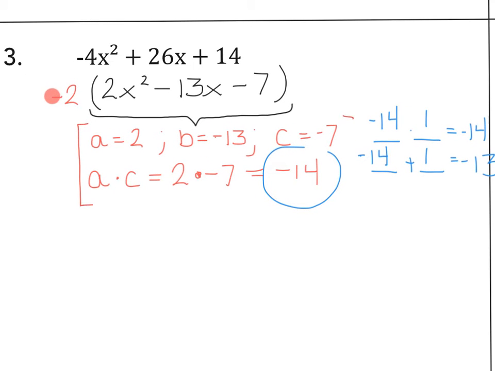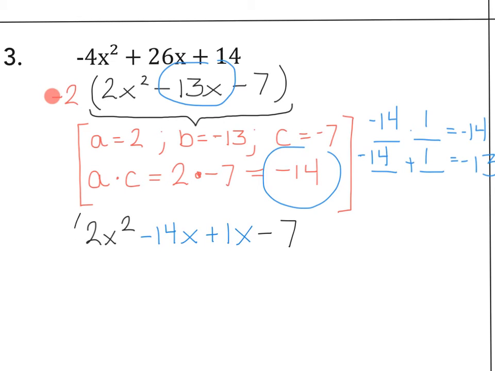So the next step is, again looking at only what's inside the parentheses, to rewrite that part. We start with 2x squared, that stays the same. Our middle term, negative 13x, is now going to be minus 14x plus 1x, and minus 7 for our constant.